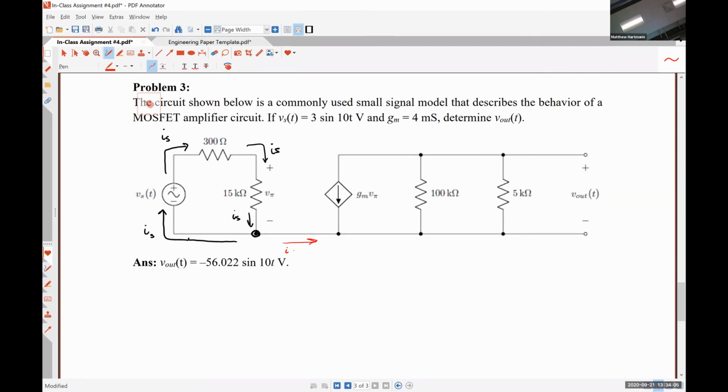It's literally written on the picture. IS. What current leaves? IS plus I. So we have IS is equal to IS plus I. What does that tell us about I? I has to be 0, right?